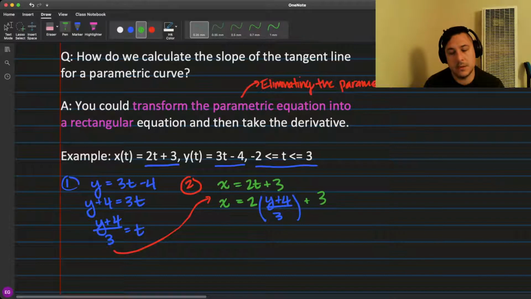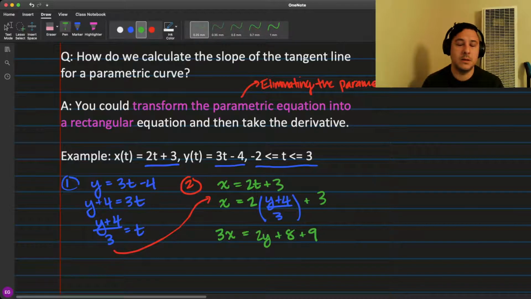Okay. So let's multiply everything by 3. 3x equals, and let's distribute the 2, 2y plus 8 plus 9. Let's simplify. 3x equals 2y plus 17, since 8 plus 9 is 17.